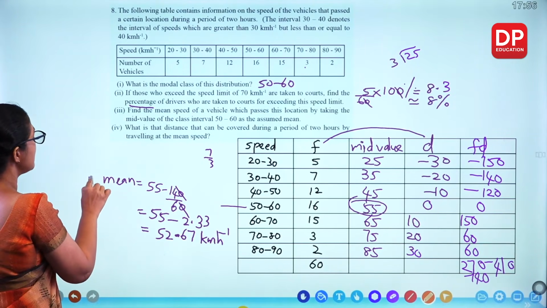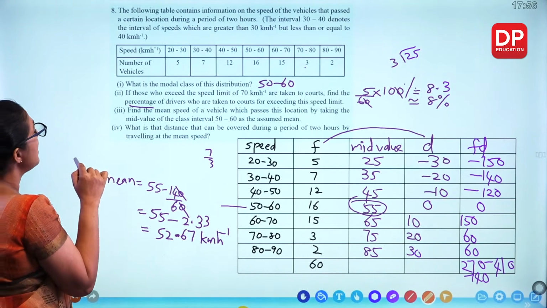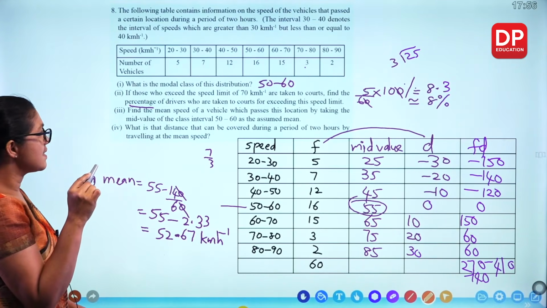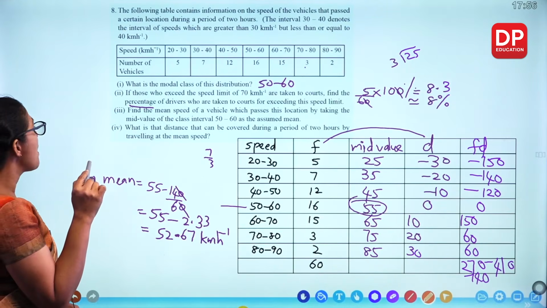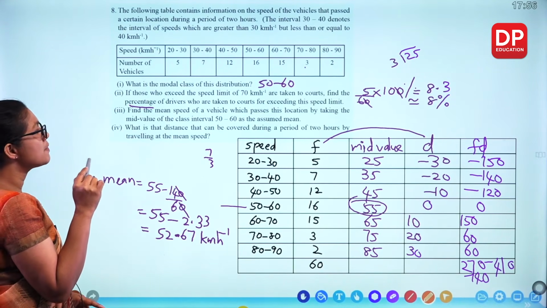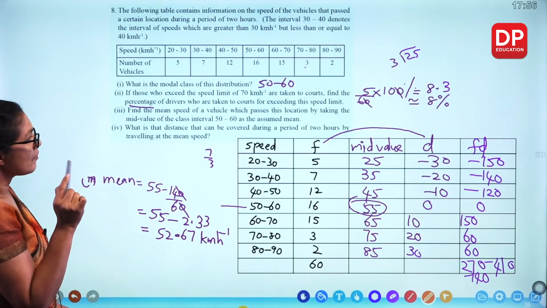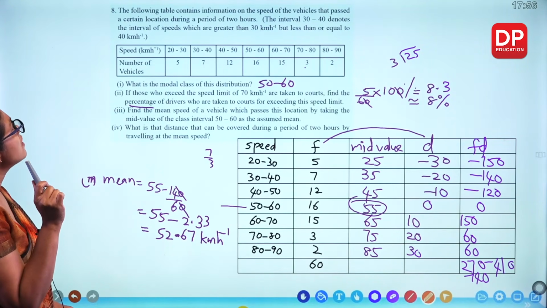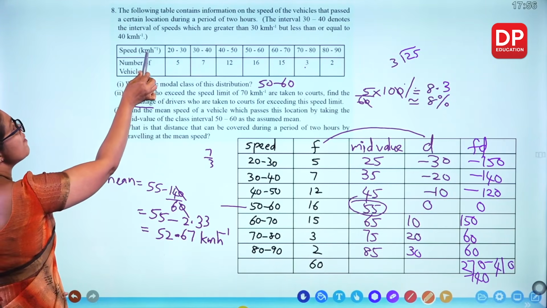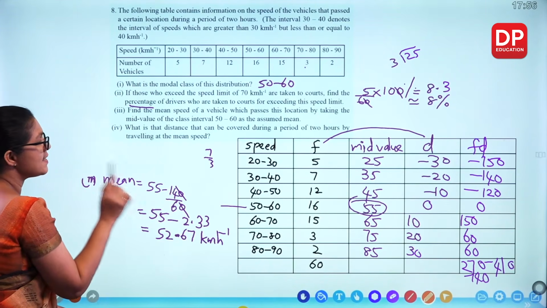Fourth part, this is the third part. Then fourth part, what is that distance that can be covered during a period of 2 hours by traveling at the mean speed? So the time is 2 hours. So per 1 hour, this is 52.67.